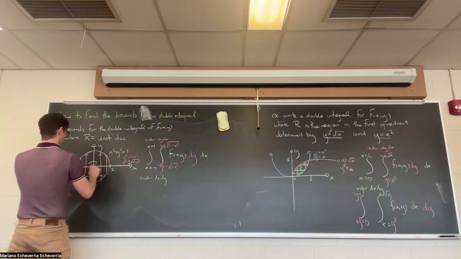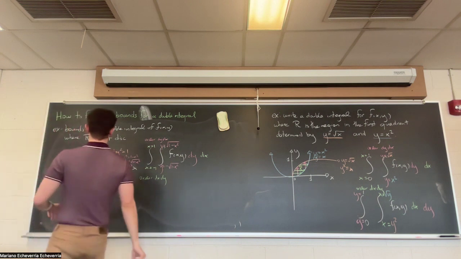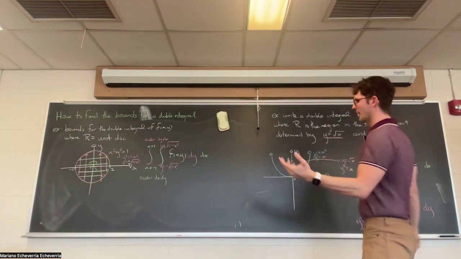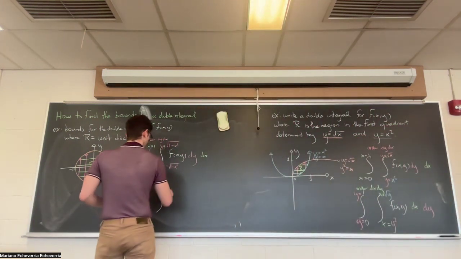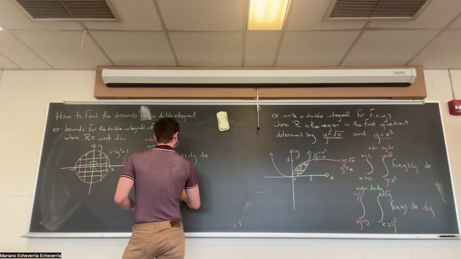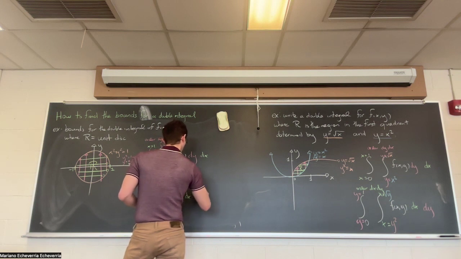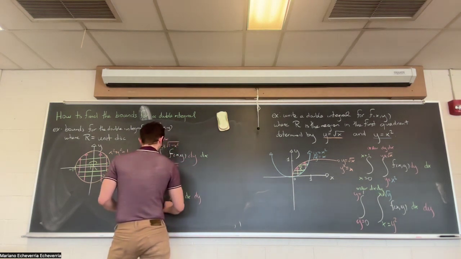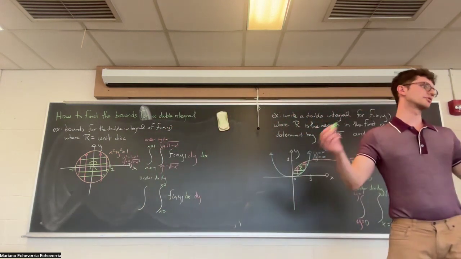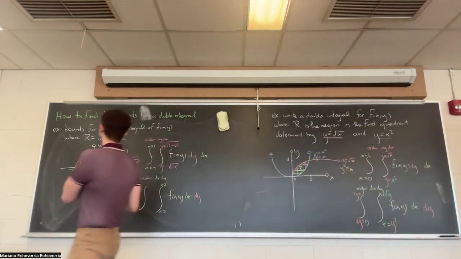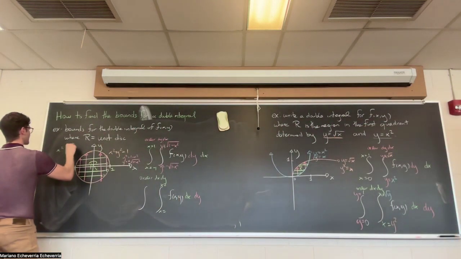Okay, so the arrows look like this now, and you essentially do the same, but now use the equation of the circle to solve for x instead of y. So when you take the circle, x squared equals 1 minus y squared, and then take plus or minus.